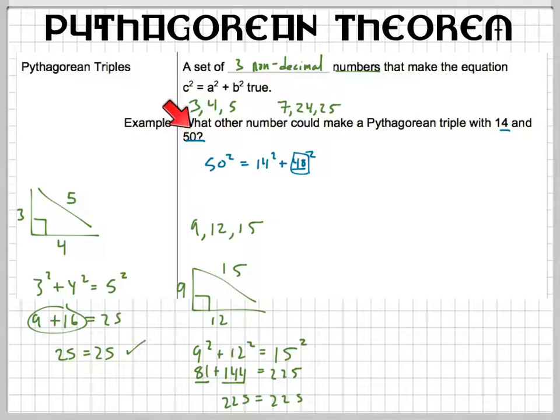Can you get 50 using 25? Multiply by 2. If I multiply one of these by 2, do I get 14? Yes. So what would the third one be? 24 times 2. You just have to multiply those by 2. Kind of neat, huh?